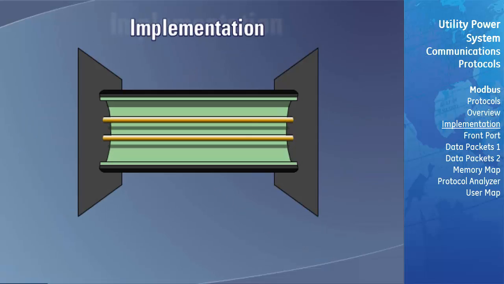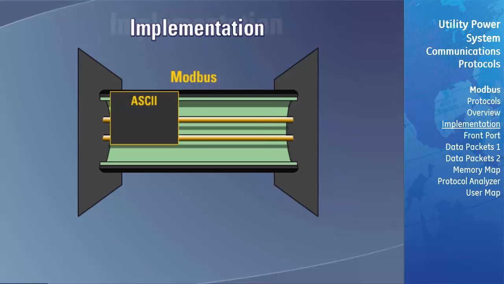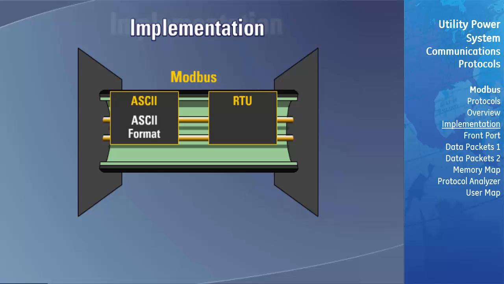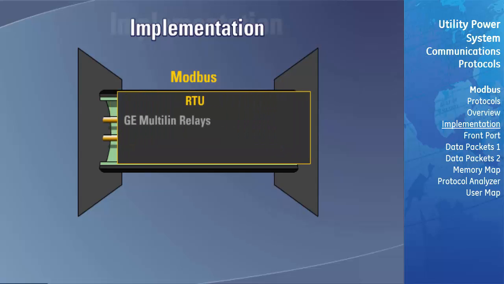Within the Modbus specification, there are two serial transmission modes, ASCII and RTU. When using Modbus ASCII, the characters are encoded in the ASCII format, as opposed to the hexadecimal format used with Modbus RTU. GE Multilin relays act as slave devices and only require a subset of the Modbus RTU protocol.